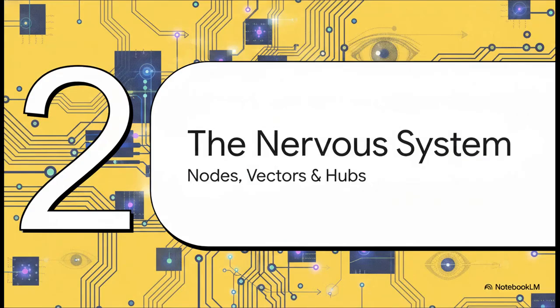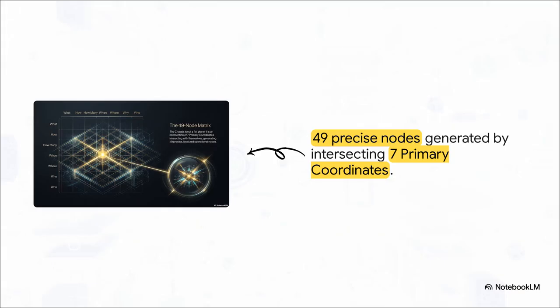Moving right along to Section 2, Nodes, Vectors, and Hubs, the nervous system. Now that we have the body figured out, we need the sensory lattice that actually maps all those environmental stimuli. The crucial point here is that this nervous system isn't just some random web of wires. It's a highly organized 49-node matrix.